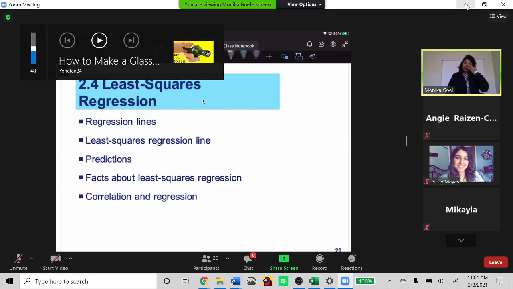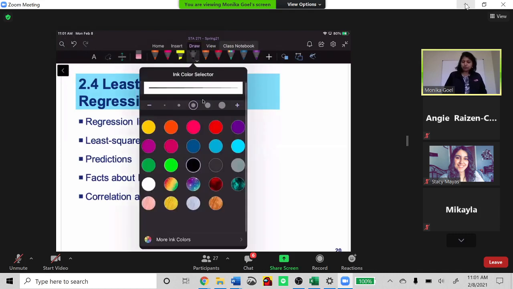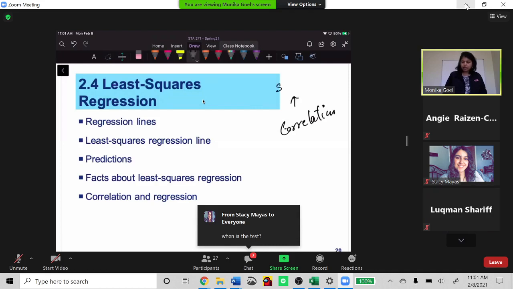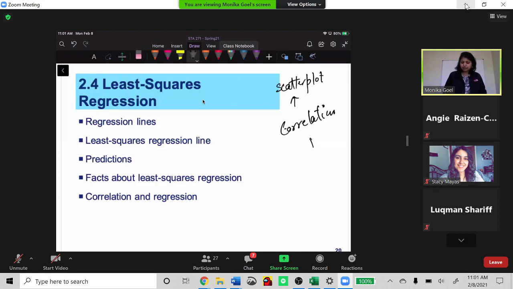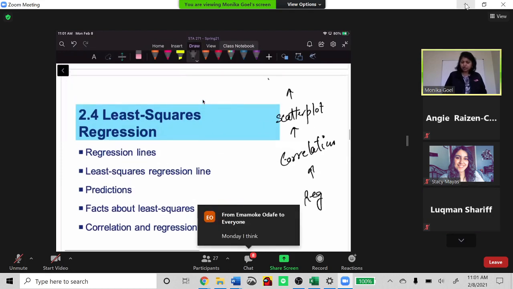All right, so let me quickly go over what we did in the last class. We talked about least square regression, and before talking about the regression, we talked about correlation. And before correlation, we talked about scatter plot. And before scatter plot, we talked about quantitative variables.